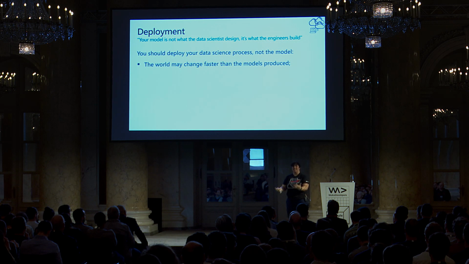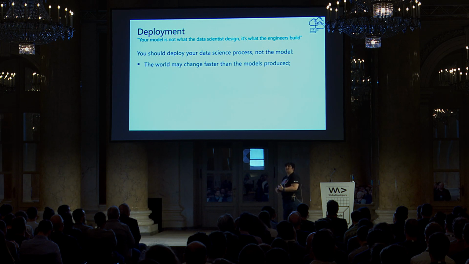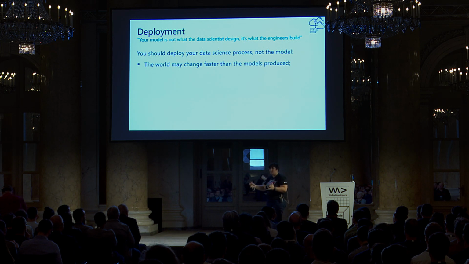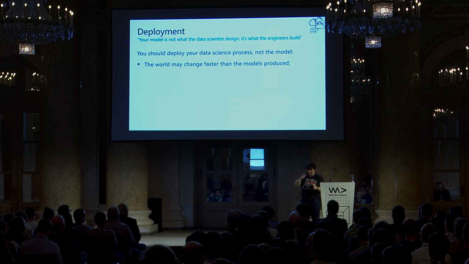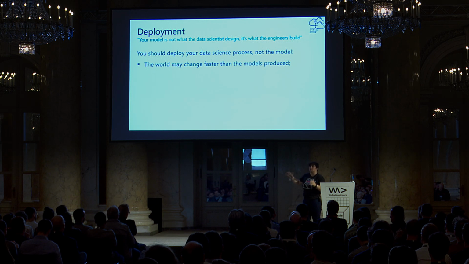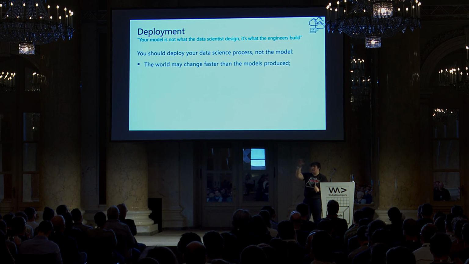So if you're collecting the data and the way you collect data changes, you need to be able to change the process without changing everything and starting the process again. So what you're going to do is basically try to deploy every step so that if there are changes, you can just change one part of your project and not redo everything from the beginning.